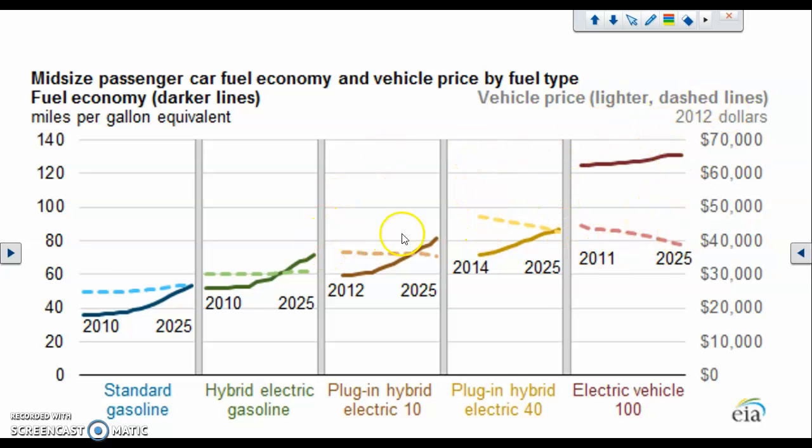So again, there is a slight economic imperative to buy a standard gasoline engine versus a full electric vehicle, all right? And obviously the mileage that you can drive an electric vehicle is less, and the infrastructure in which you can recharge your electric vehicle or refill your standard gasoline engine is quite different.